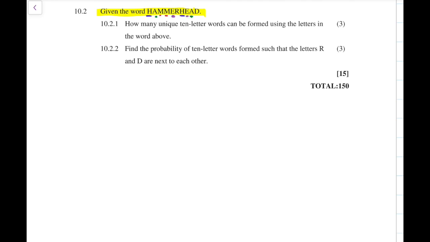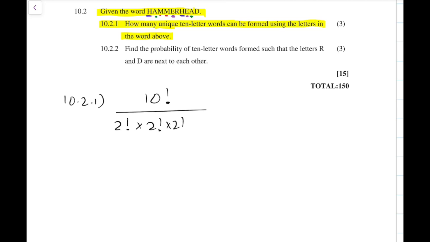It says how many unique 10-letter words can be formed using the letters. So that's the number of arrangements, right? The number of arrangements is basically the total number of items divided by the number of repeats. How many H's do you have? You have 2. How many A's? You have 2. How many M's? You have 2. How many E's? You have 2.